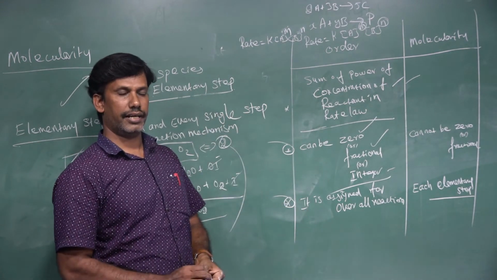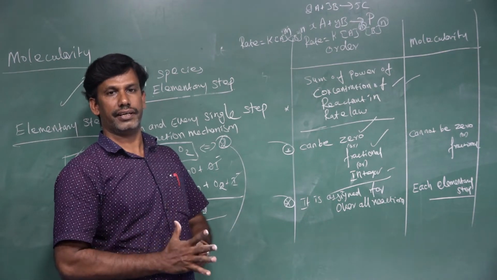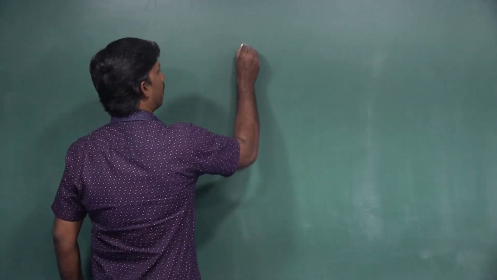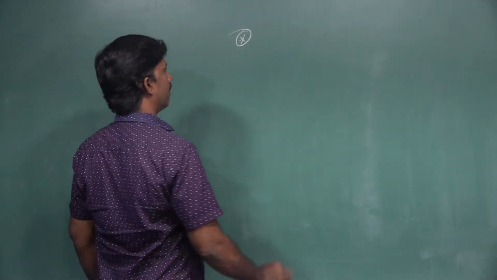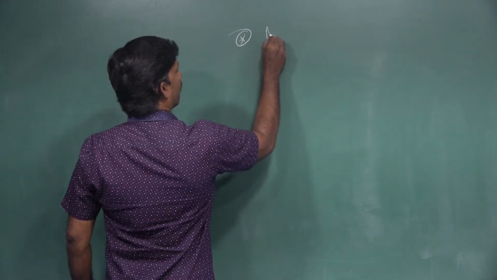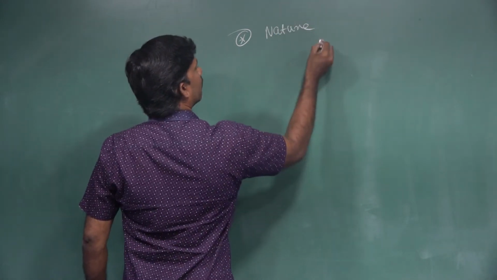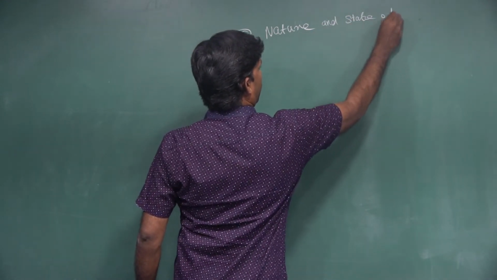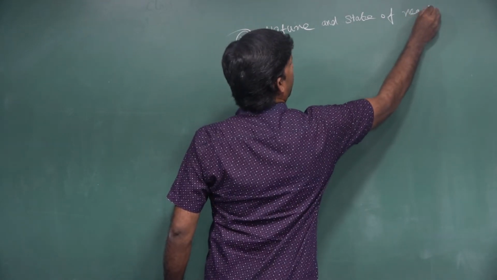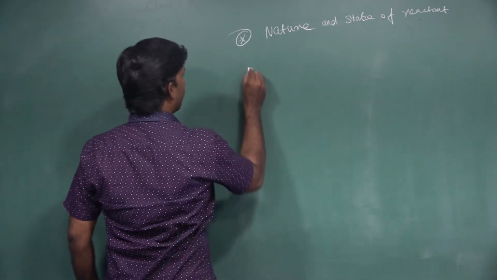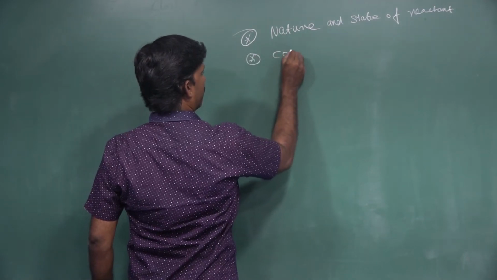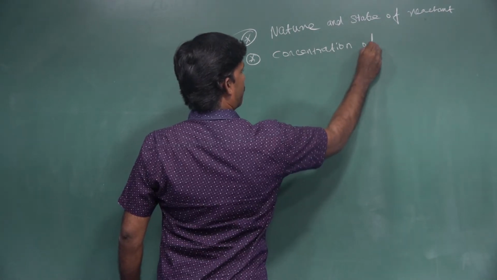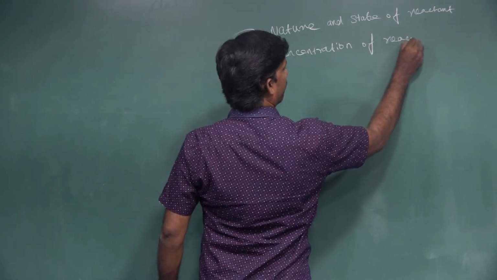Okay, now it's clear. Let us move on to the factors affecting the rate of the reaction. What factors can affect the rate of the reaction? First, the nature and state of the reactant. Then the concentration of the reactant.